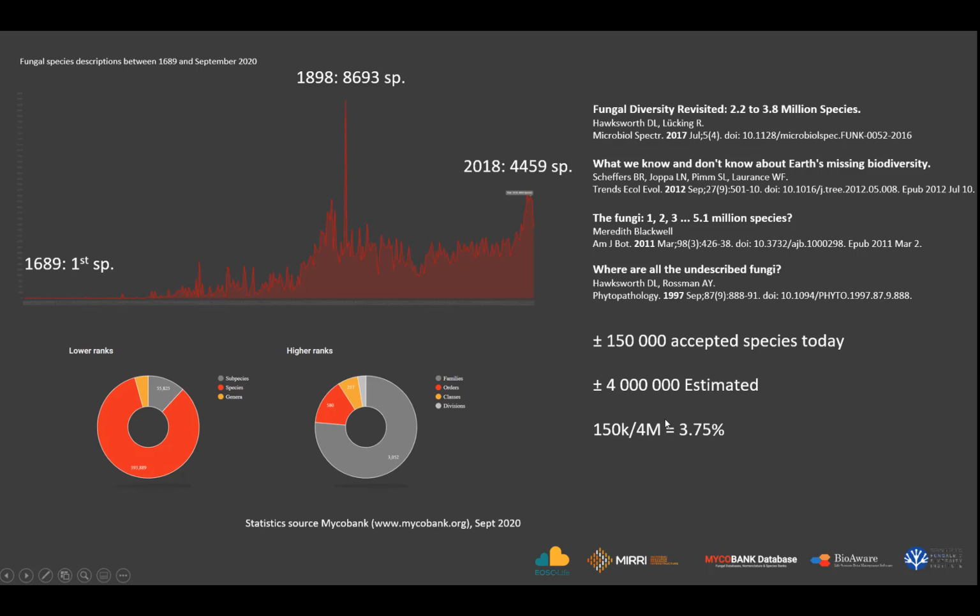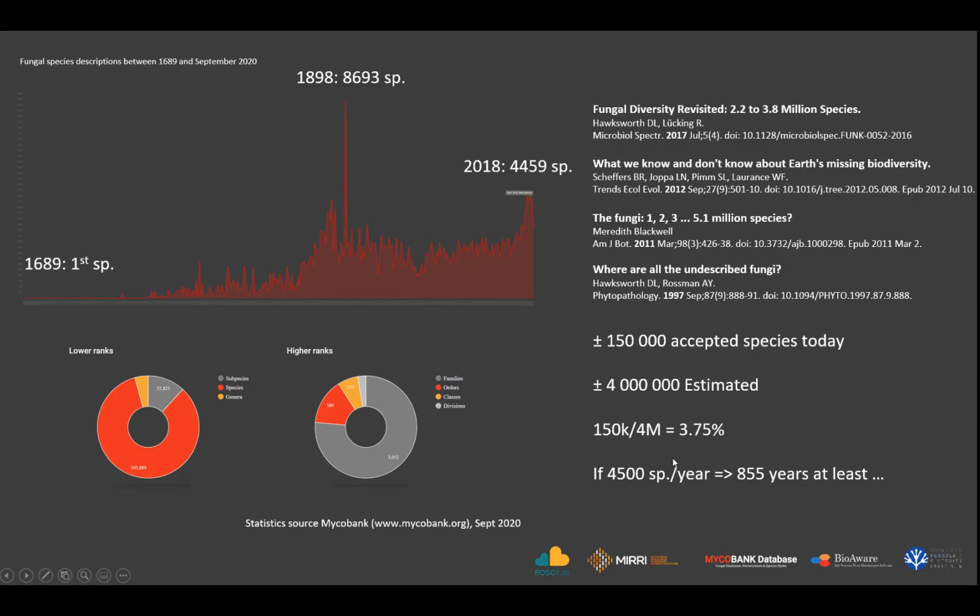Well, that can be 3, or 1%, or 0.5, or 5%. We don't know exactly, of course. But if we agree with those numbers, and look at the current rate of species description, it would take 855 years to describe all the diversity that is out there.